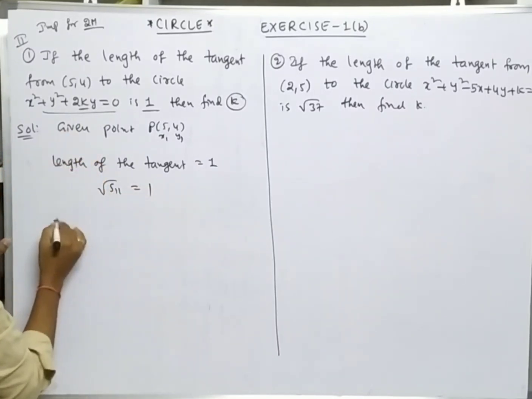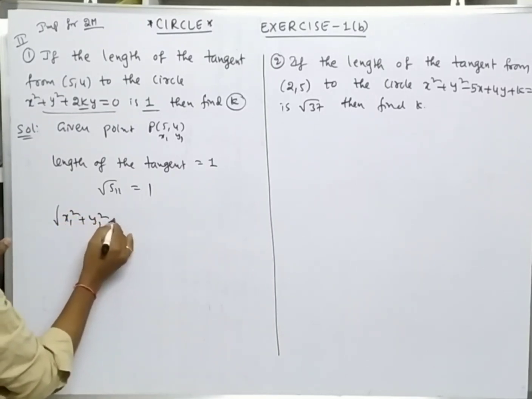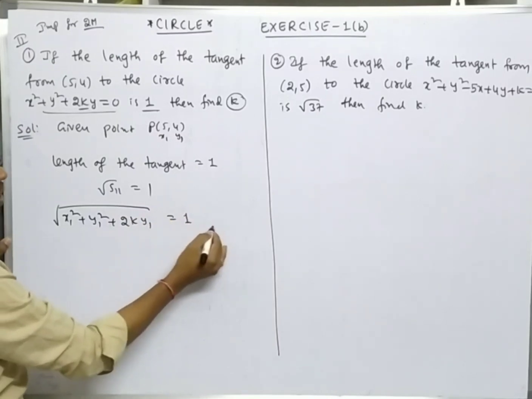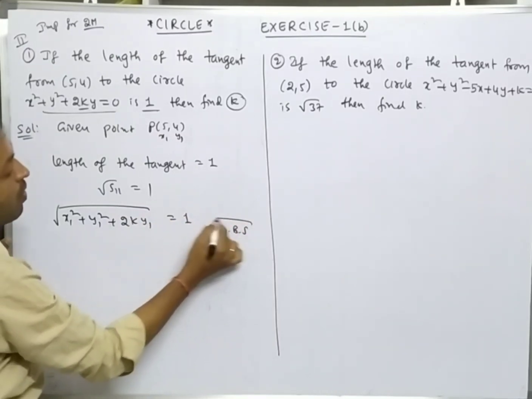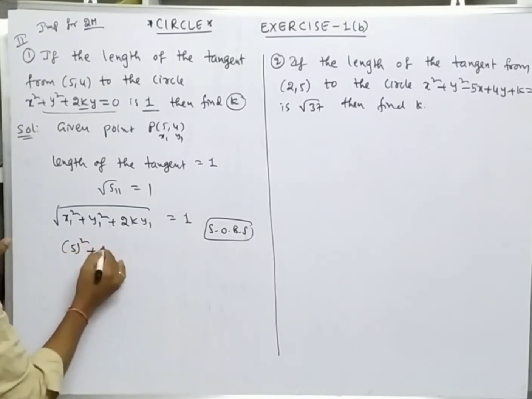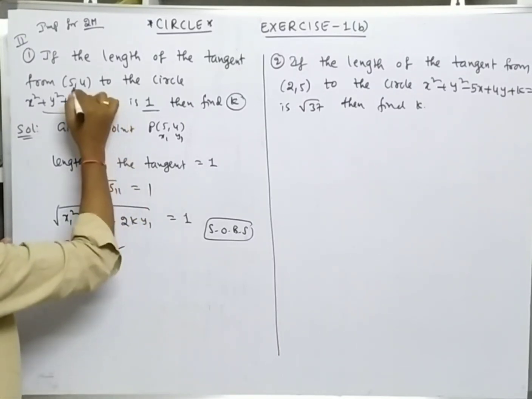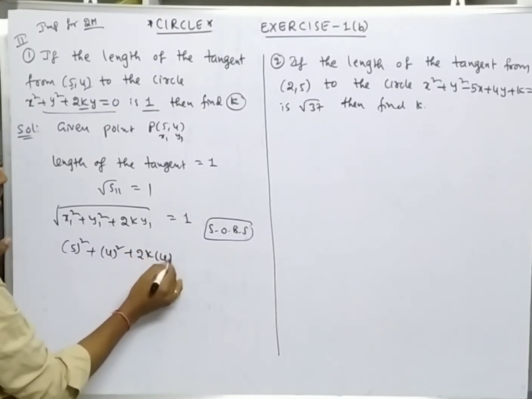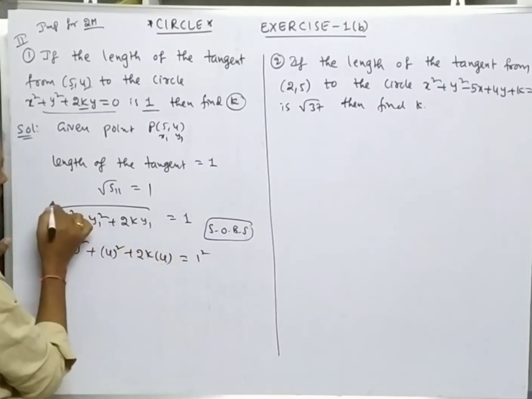So root S11 means root of x1 square plus y1 square plus 2k y1 is equal to 1. Squaring on both sides, you will get x1 square means 5 square, y1 square 4 square, plus 2k into y1, 4, is equal to 1 square.